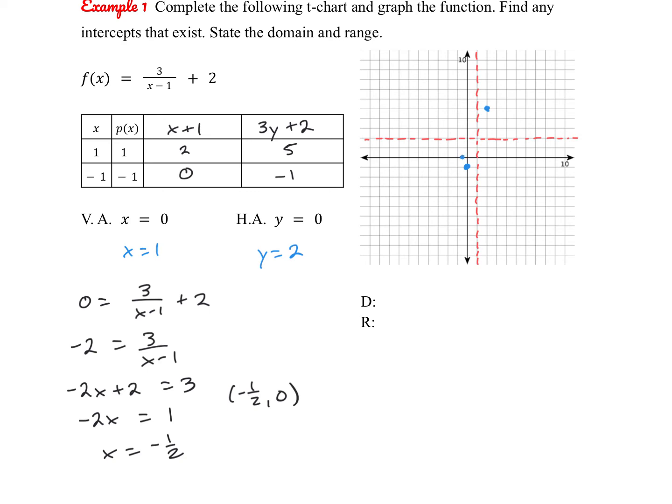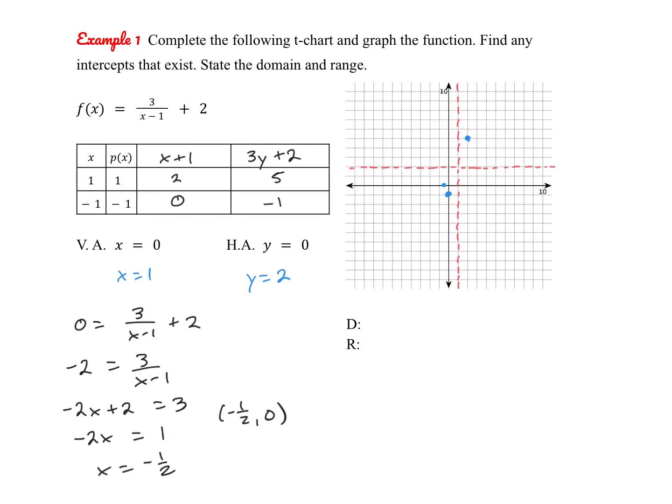And then if we wanted to, we could always plug in another value somewhere over here to get a little bit of a more accurate graph. So a good number to plug in could be maybe 4. Let's plug in x equals 4, just to get an extra coordinate to make our graph a little more accurate.